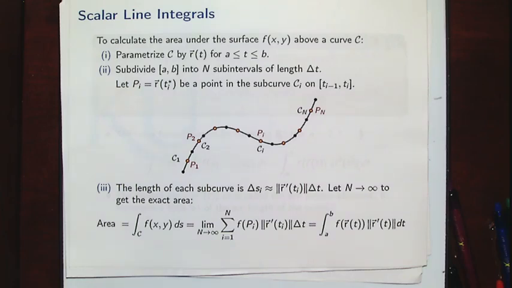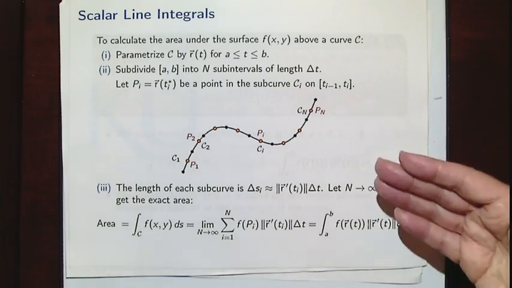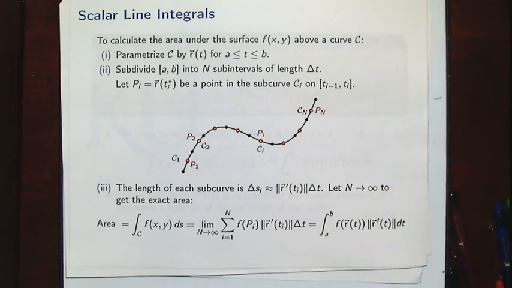When I talk about a curve in this space, where did you see curves in this course so far? It started in chapter 13, and it came with a parameterization.